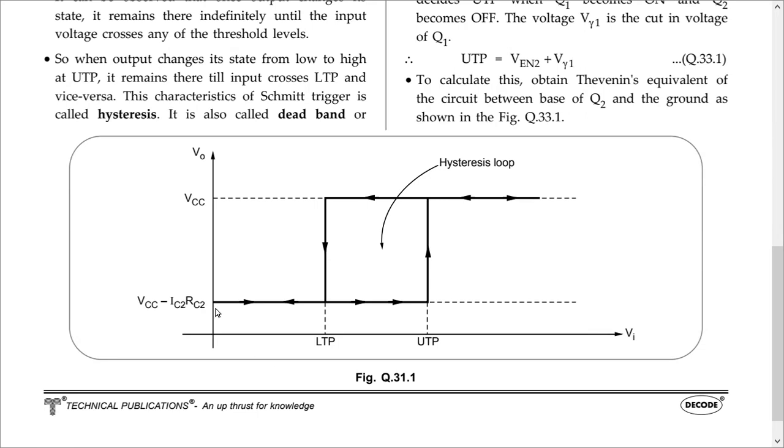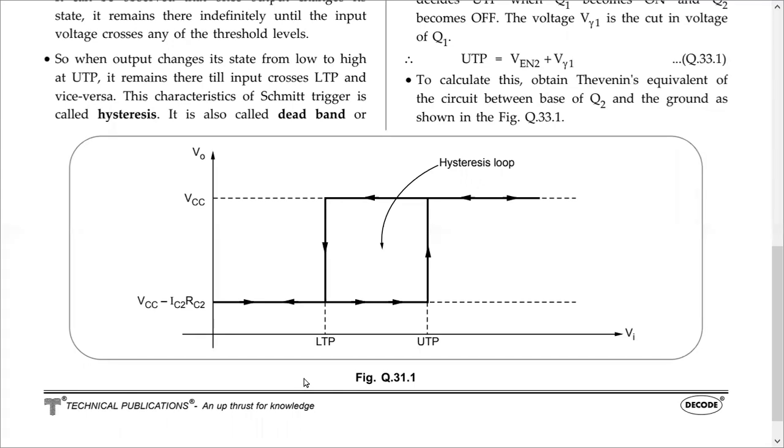When the input gradually rises, only when it crosses the upper threshold point will the output rise from VCC minus IC2 RC2 to VCC. The output will jump from here to here. Now, even if you increase the input, the output doesn't change. The output changes only when you reduce the input below the lower threshold point.